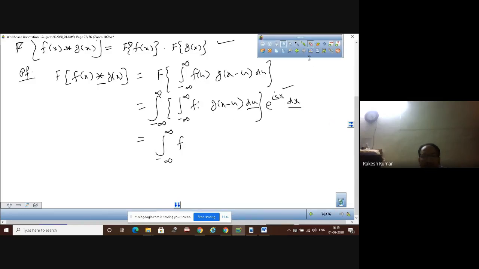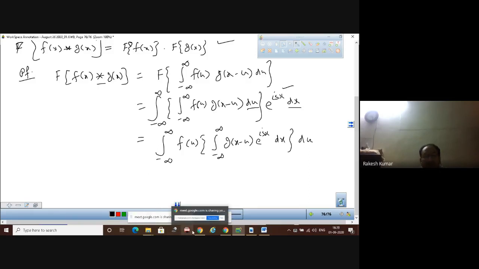So this is f(u). This f(u) can be taken out, and inside the bracket we have the integral from minus infinity to infinity of g(x minus u) e raised to power iota s x dx, and the outer integration is with respect to u. What we have done is just change the order of integration.